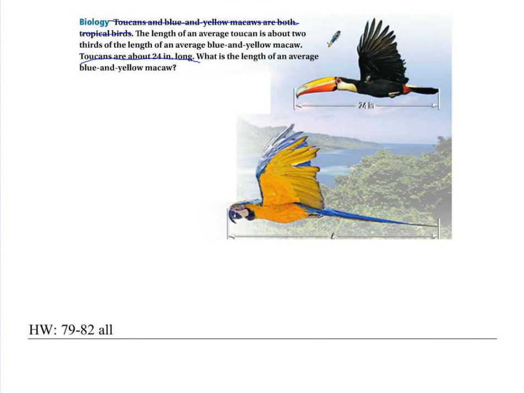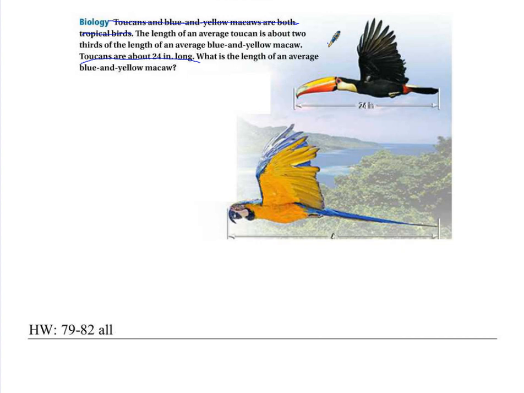Well, how long is the average blue and yellow macaw? We don't know. And when we don't know something, that's our variable. So we want to pick a letter to represent the length of the average blue and yellow macaw. What would be a good letter to pick, maybe? M? B? Any other letters? X?